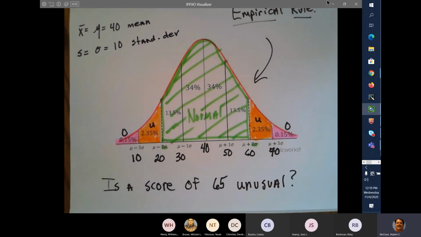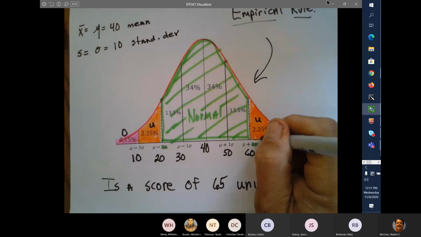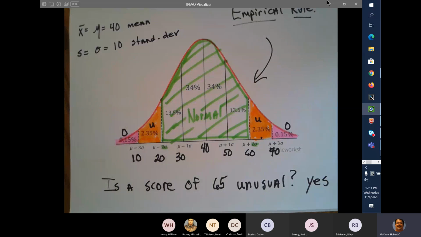What would the answer be? That's a yes or no question. Yes, because 65 falls right there.